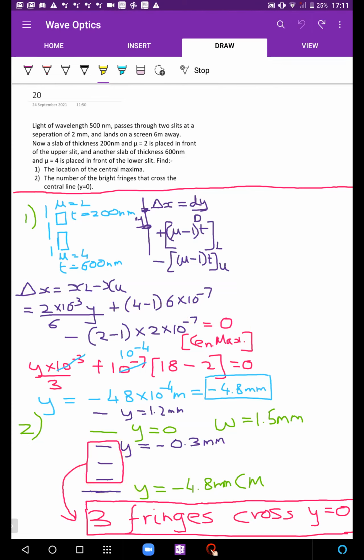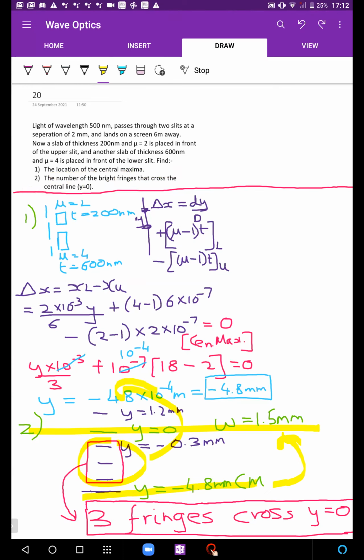Okay, so basically ऐसा पूरा visualization का ही खेल है. ये central line था और central maxima इधर है और ये 3 ने क्रॉस किया ऊपर से. ये 3 ने सेंट्रल लाइन क्रॉस करके अब ये दूसरे साइड चले गए. तो दे कैन आस्क हाउ मेनी bright fringes cross the center line when we insert a slab.